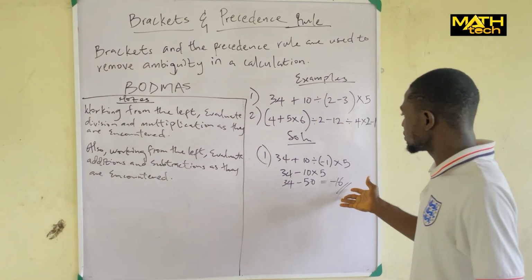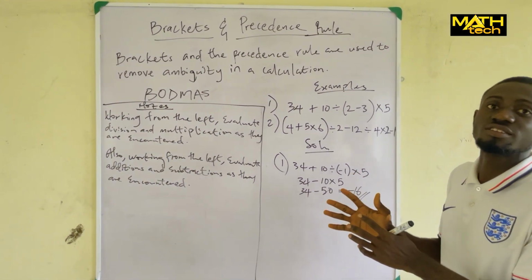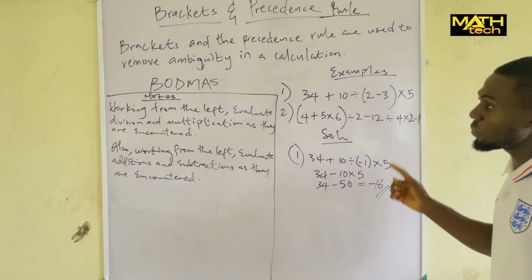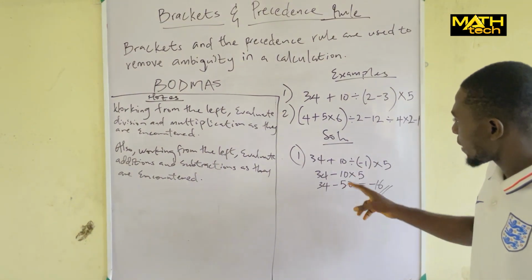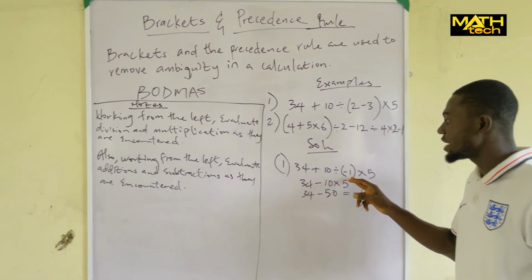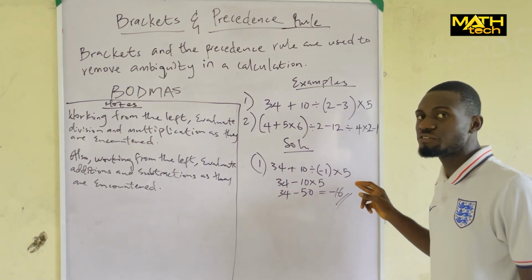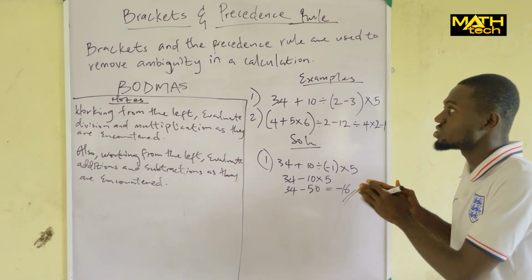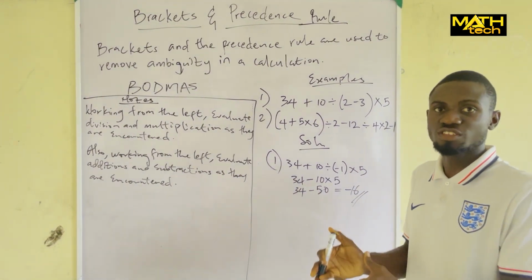Now, as we've gotten the result following our brackets and precedence rule to be minus 16, I want us to note this. I'm trying to explain why, in the expression 10 divided by minus 1 times 5, we have to do the division first before we carry out the multiplication. Yes, we know that division precedes multiplication.